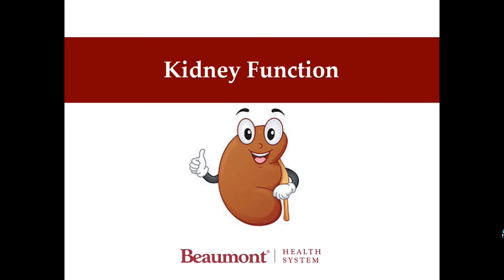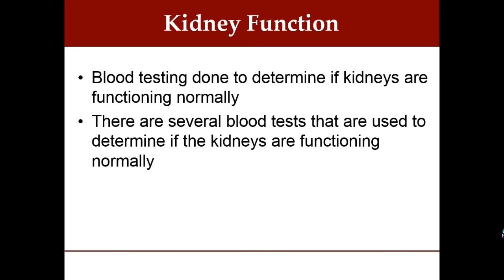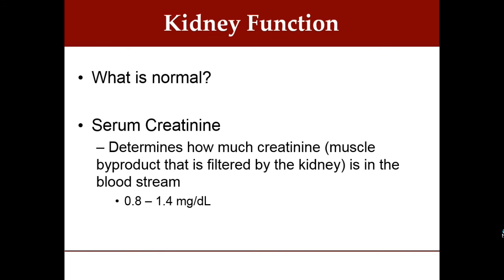Next, we're going to hit quickly on kidney function, which is basically blood testing that's done to determine that the kidneys are functioning normally. And like some of the other tests we talked about, there's several tests that are done to determine what normal kidney function is. So we're going to break those down. So again, what's considered normal?